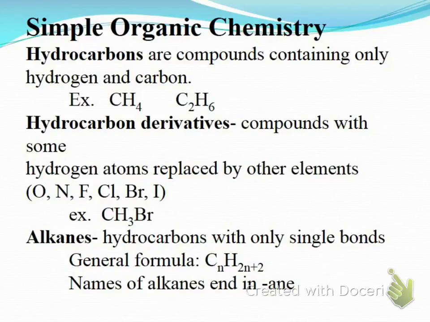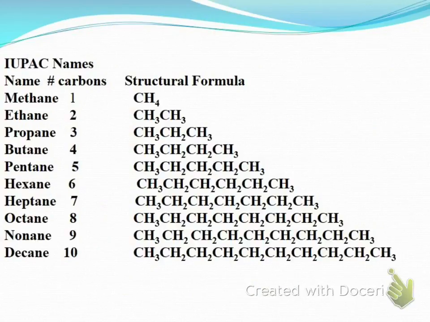Their general formula is CnH2n+2. So if I had butane, I could figure out butane is 4, so I would do C4, and then it would be H10. You definitely need to know the basis of the first 10: methane, ethane, propane. You've got to know those so you can recognize them.